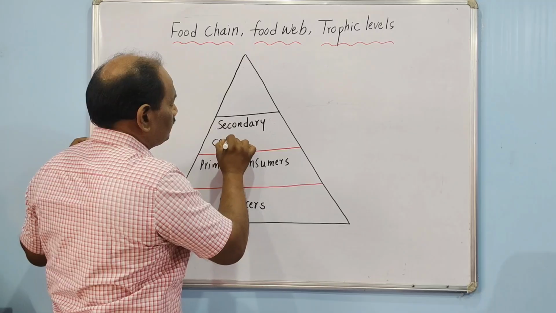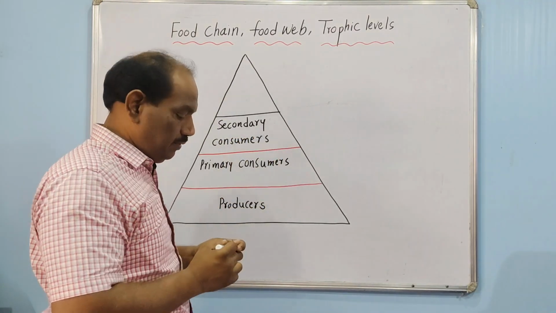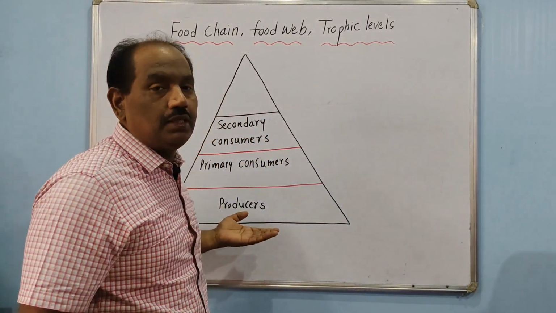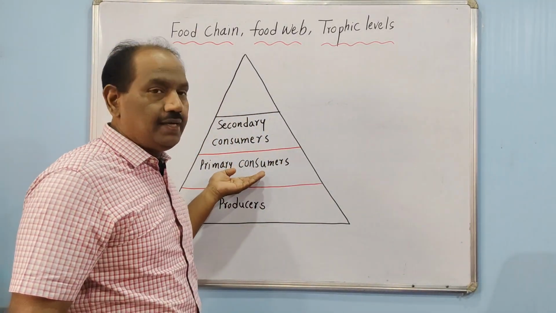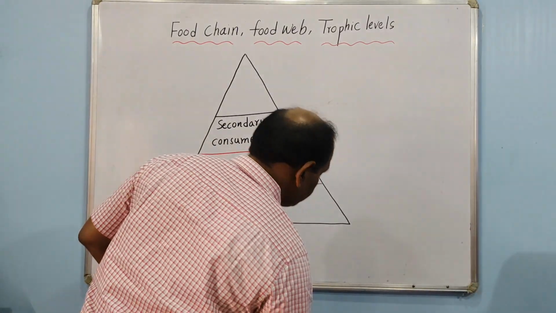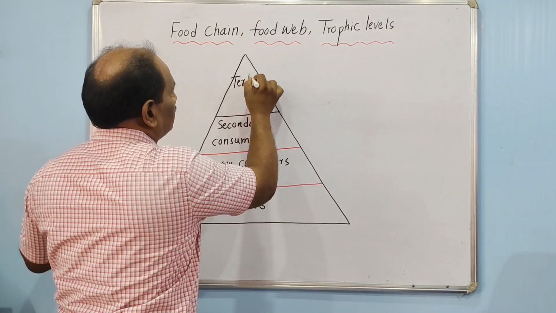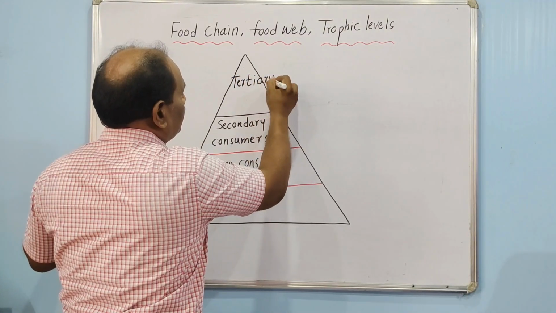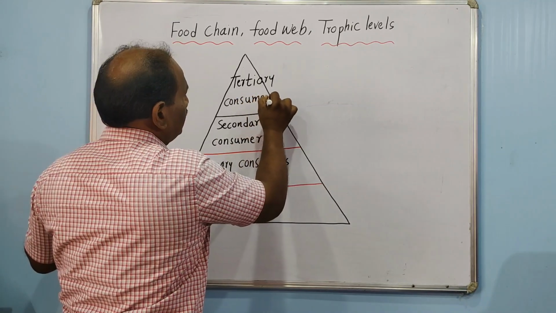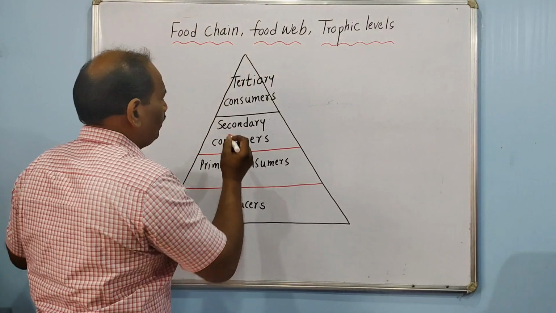So see this, here we have producers, autotrophs, primary consumers, secondary consumers. Next, I want to write the tertiary consumers.